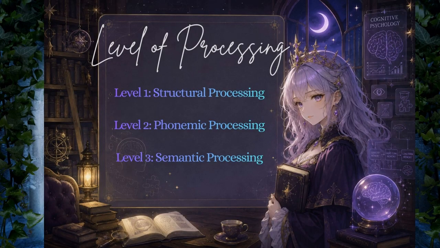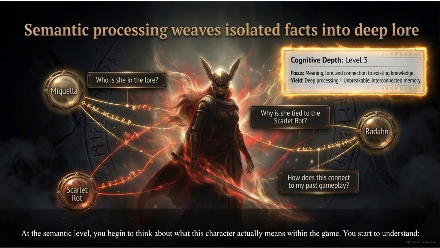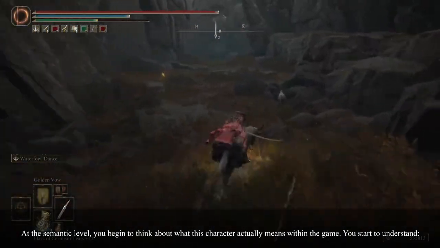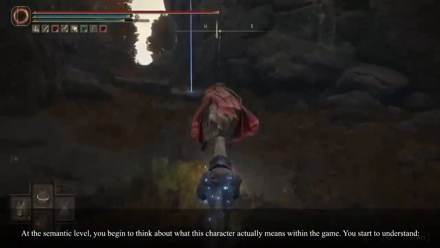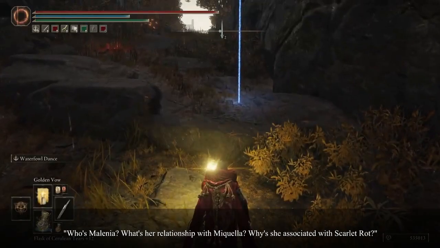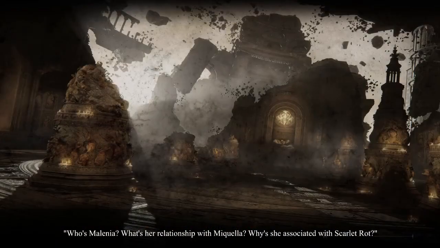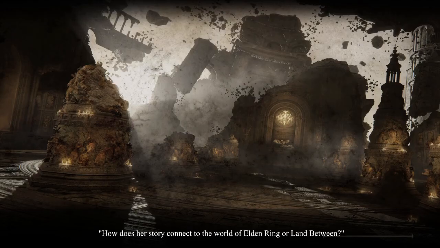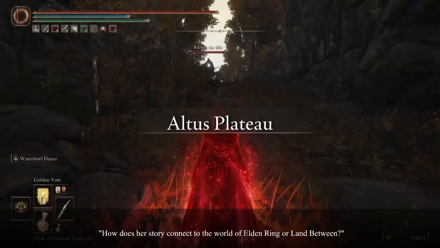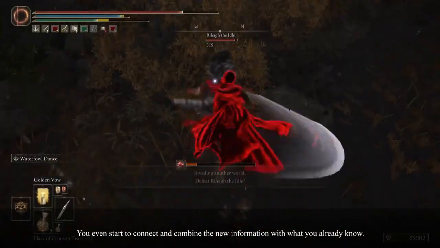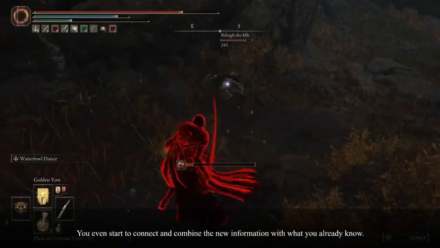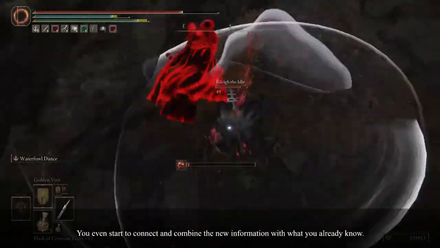Now we are in level 3, semantic processing. What does it mean? At this level, you begin to think about what this character actually means within the game. You start to understand who Malenia is, what her relationship with Miquella is, why she is associated with Scarlet Rot, how her story connects to the world of Elden Ring or the Lands Between. You even start to connect and combine the new information with what you already know.